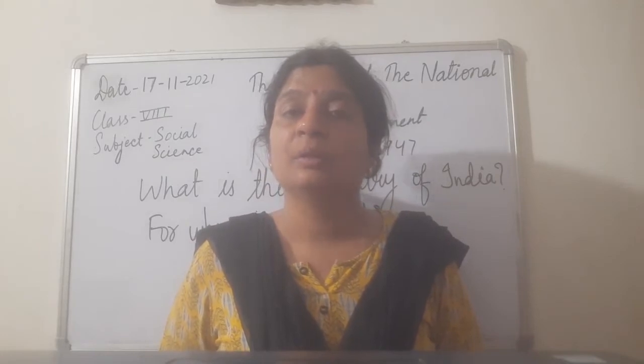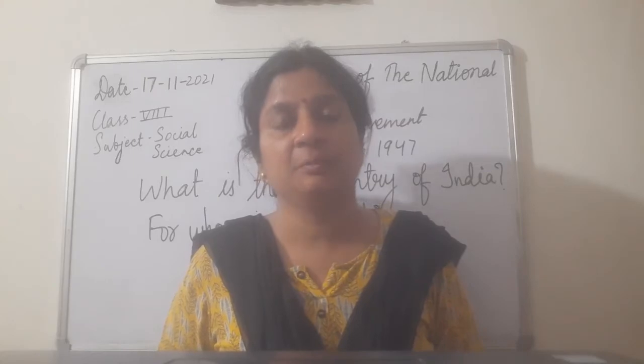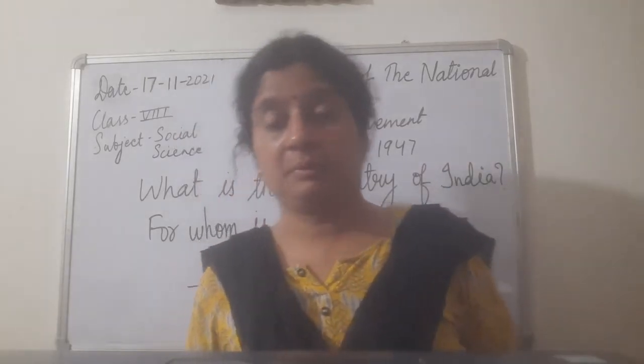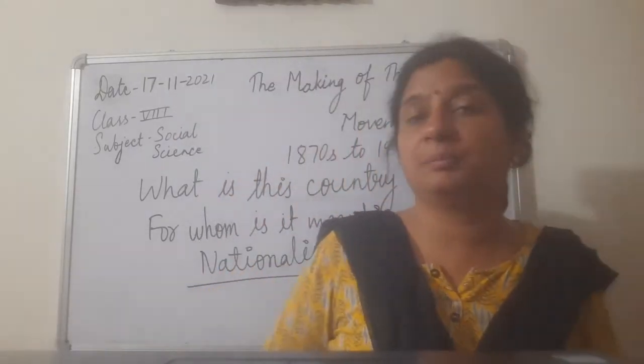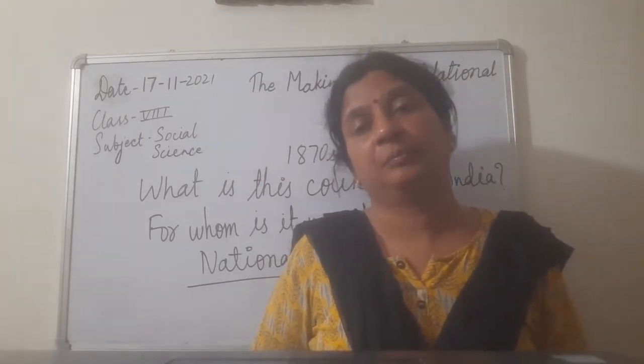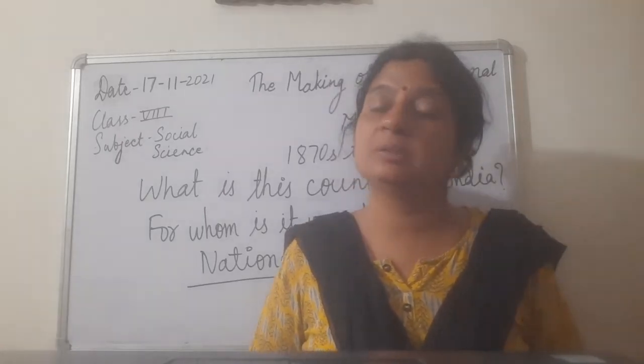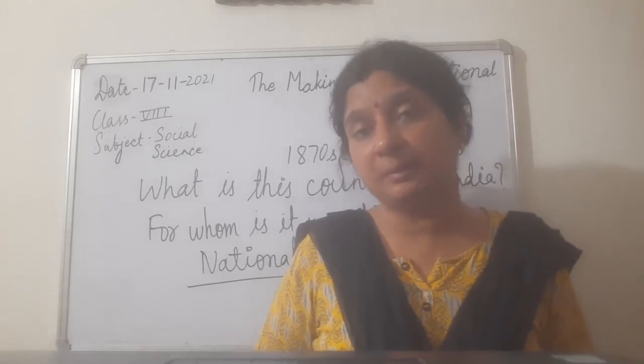So, this control was not justified because these people, the British East India Company, were not of India but of Britain, है ना. So, this control was to be ended. Indians need not be controlled by the British.